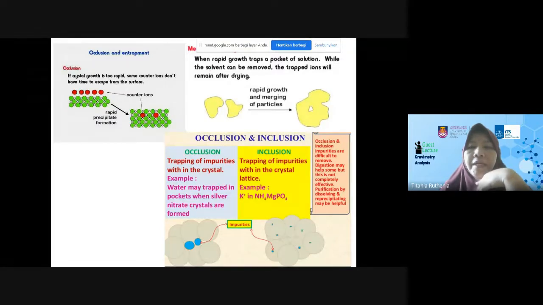When the solvent is removed, the trapped ions will remain after drying. So it will be trapped inside of the crystal. So occlusion and inclusion are difficult to remove. Digestion may help some, but is not completely effective. So what we can do if we have this situation is dissolving and reprecipitating.